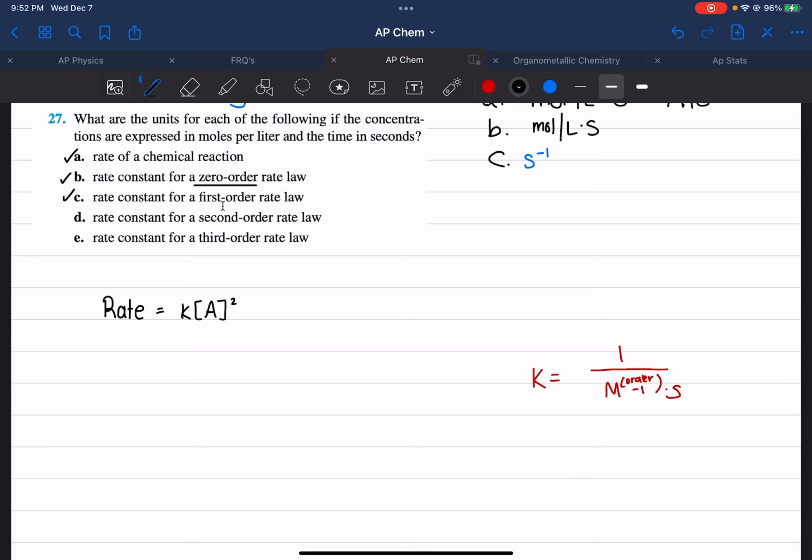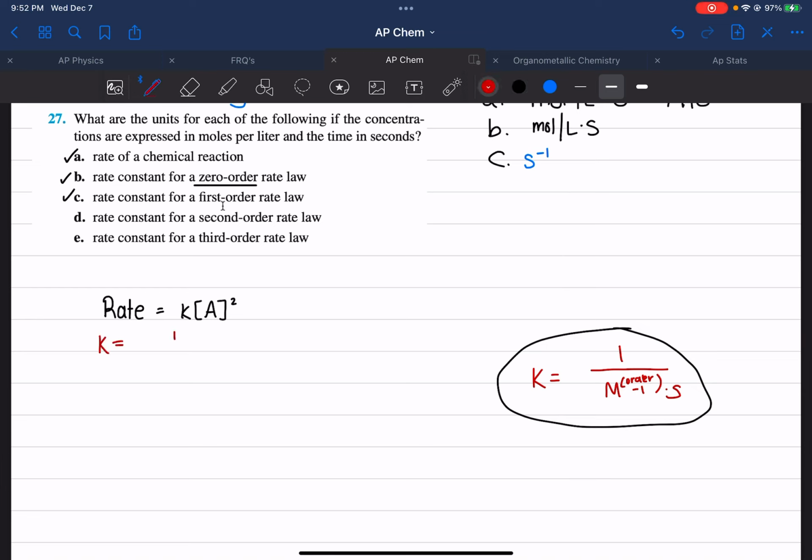So the algebraic way would be moles over liter times second equals K times moles over liter squared. It's not hard to do the algebra here. You distribute, cross out, whatever, but it's just more efficient to use this formula, and this formula is not hard to memorize. So let's use it.